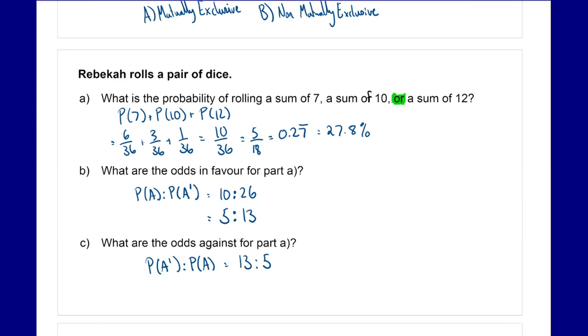We can reduce that ratio to 5 to 13. For C, what are the odds against part A happening? Well, we just flip that. So the odds against, we're putting the outcomes where part A doesn't occur first. So we could make it 26 to 10. We already know that it reduces to 13 to 5.